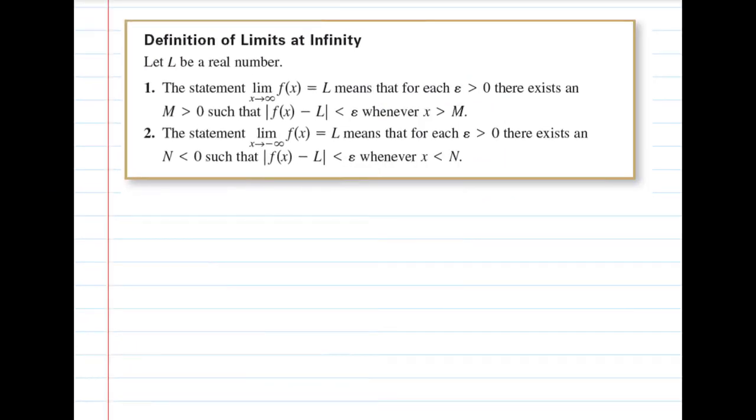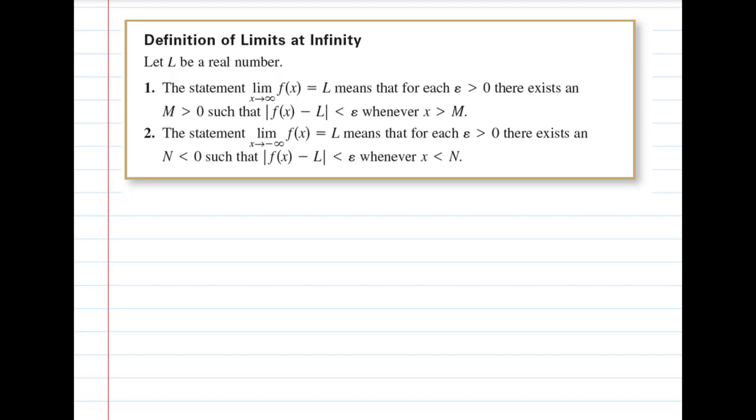So here we have the definition of limits at infinity. If we let L be a real number, the statement that the limit of f of x as x goes to infinity equal to L means that for each epsilon greater than 0, there exists an m greater than 0 such that the absolute value of f of x minus L is less than epsilon whenever x is greater than m.